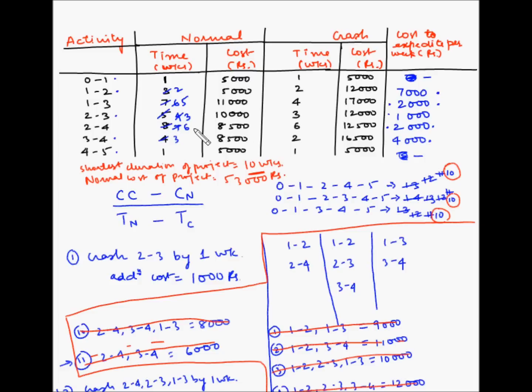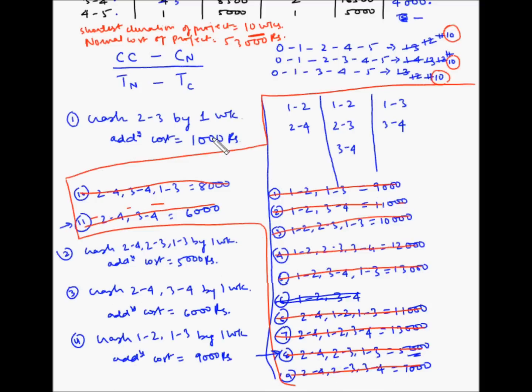But now due to crashing we have incurred some additional cost, so we have to add that cost to this if we want to find out what is the final cost for completing the project in 10 weeks. So the additional cost is 1,000 rupees plus 5,000 rupees plus 6,000 rupees plus 9,000 rupees. So let's add this up. So 9 plus 1 is 10, 10 plus 5 is 15, plus 6 is 21.